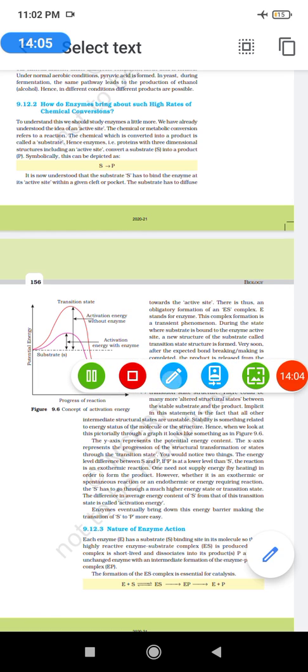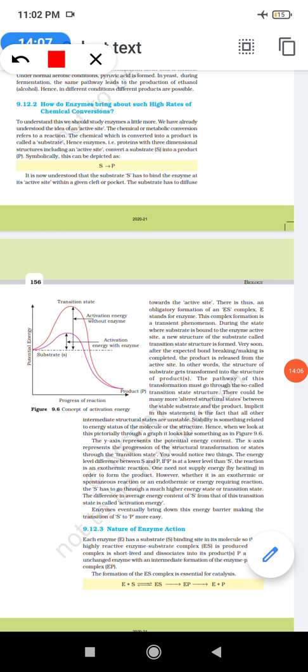So here you see what happens is, if I plot the potential energy against the progress of the reaction, I am having a substrate and I am having the enzyme. So the substrate is increasing, it is reaching an activation stage. Okay, and then the energy of the enzyme also increases, and it reaches a transition state.